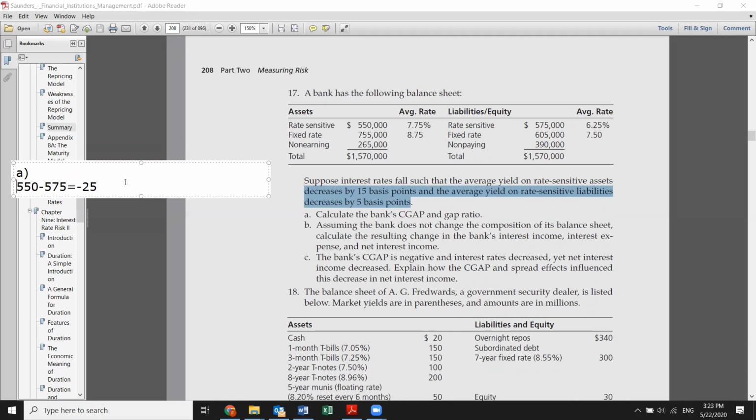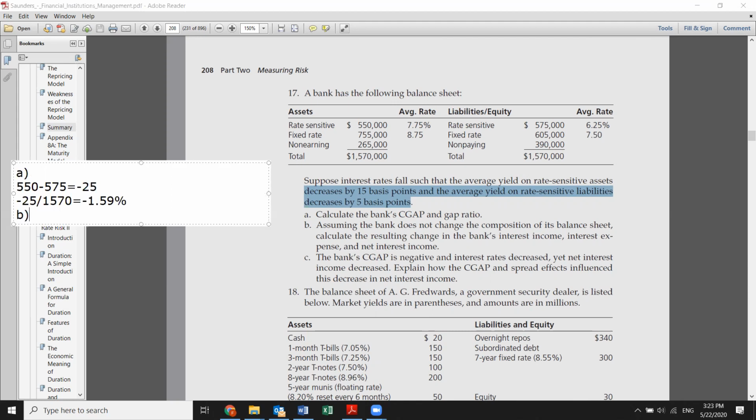And we have a negative gap ratio as well, because minus 25 divided by total assets, which is 1,570,000, would show a negative gap ratio of minus 1.59%. The gap ratio will be equal to minus 1.59%.